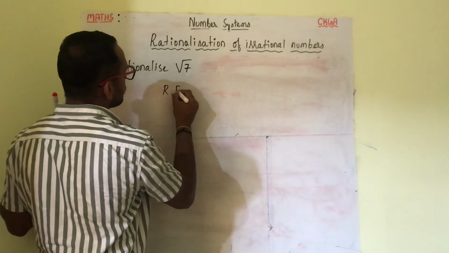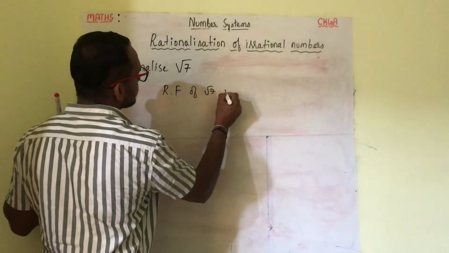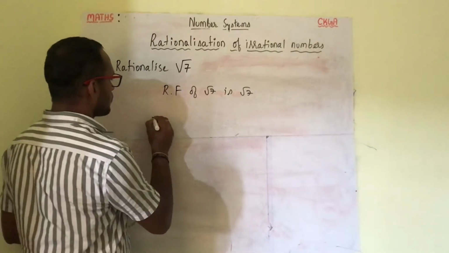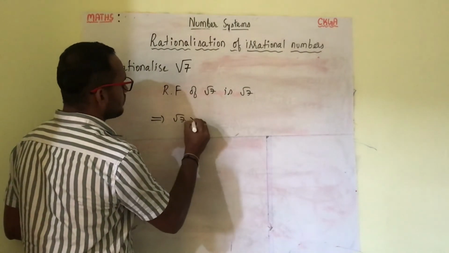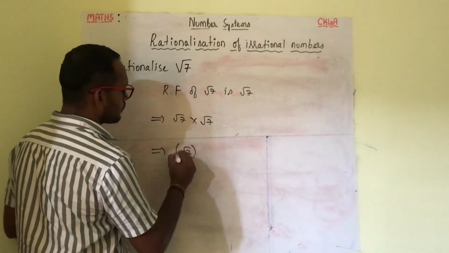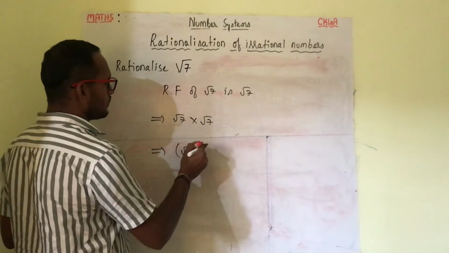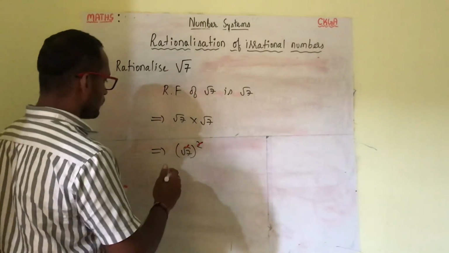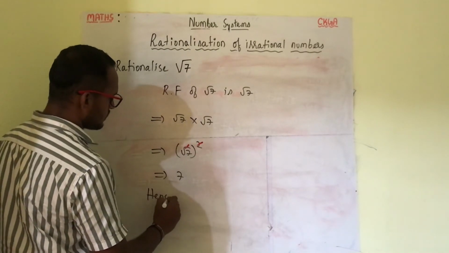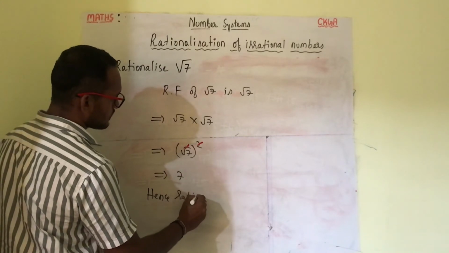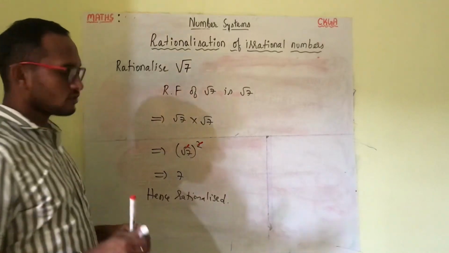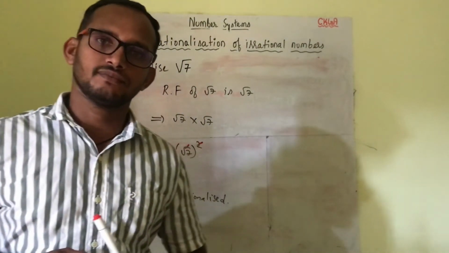The RF of root 7 is still root 7, the same number you need to multiply. That is root 7 into root 7, that is root 7 whole square. Square and square root detached. So you get 7 as an answer. Hence rationalized. This is the rationalization of irrational numbers of monomial.